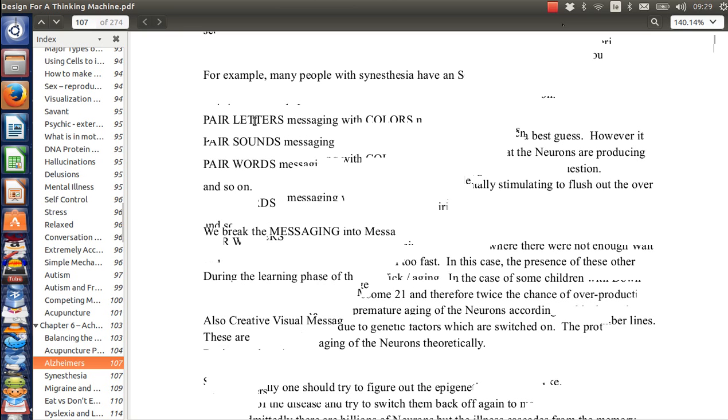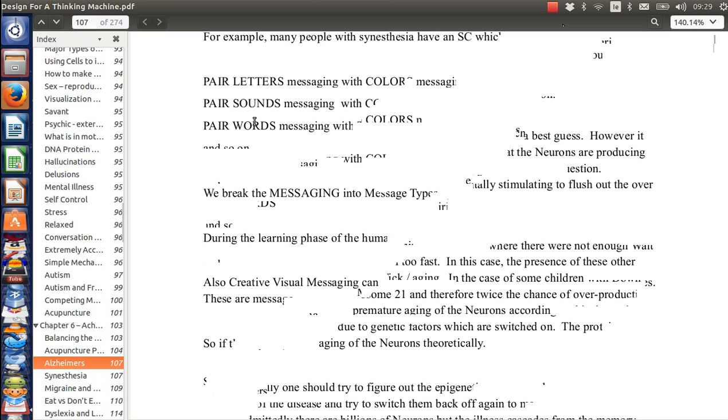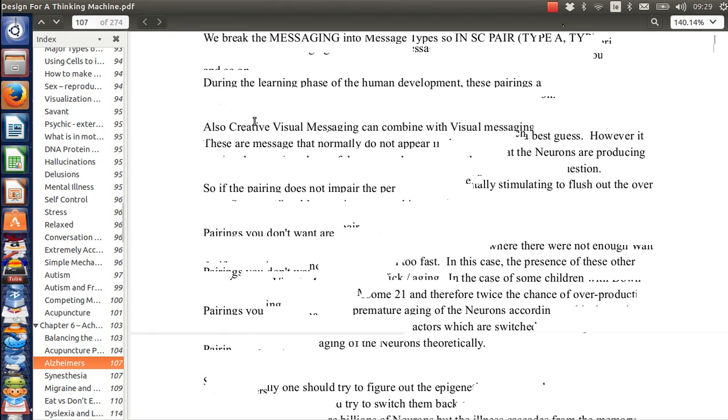You have the lyrics of a song, you have the lyrics with the music. So there's a pairing going on there, pairing sound with words, and that's essentially music. It's more sophisticated than that, sure, but the idea is that we're pairing up different message types.